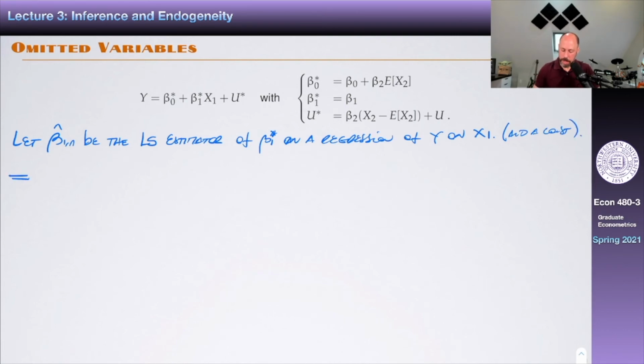By the formula that we had before, beta 1 hat converges in probability to beta 1 plus the covariance between x1 and u star divided by the variance of x1.